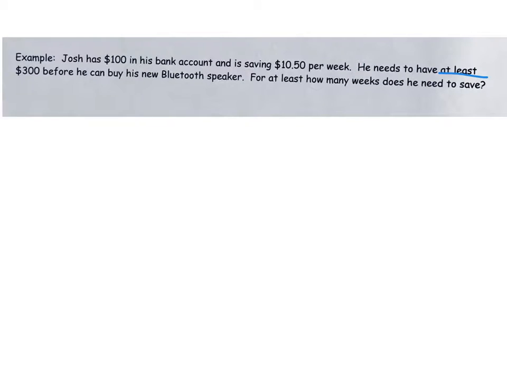In this problem, Josh has $100 in his bank account and is saving $10.50 per week. He needs to have at least $800 before he can buy his new Bluetooth speaker. For at least how many weeks does he need to save? So I'm thinking about Josh having $100 and then he's putting $10.50 in every week.